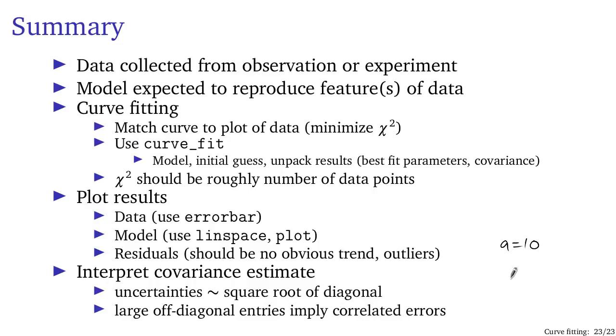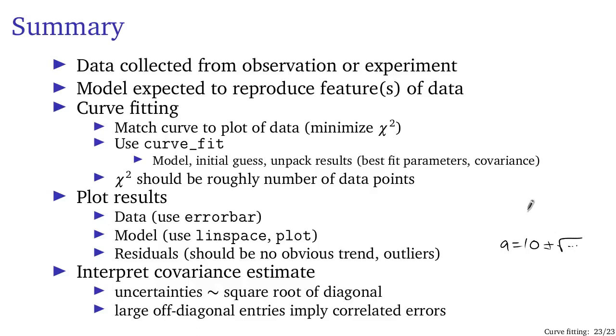The square root of the diagonal entry corresponding to that fit parameter in your model, say it's the third parameter to your model, it would be the third column and third row of the covariance matrix. The third diagonal entry then would correspond to the square of the uncertainty. You can compute the plus or minus the square root of that number along the diagonal of the covariance matrix as an estimate of the uncertainty in the acceleration.